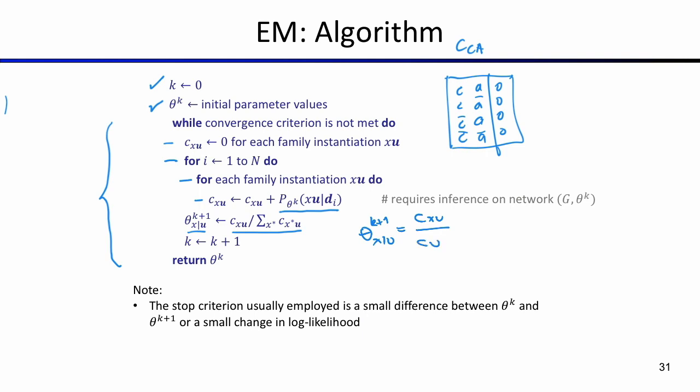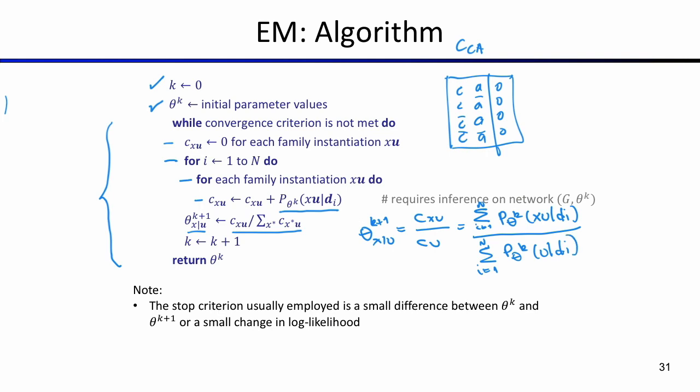That's going to be the ratio between the sum over all examples of this probability, where we need to do inference over the Bayesian network, over another set of probabilities that we would need to compute with inference over the Bayesian network again.